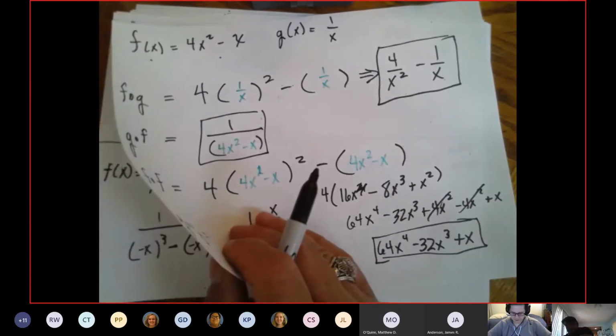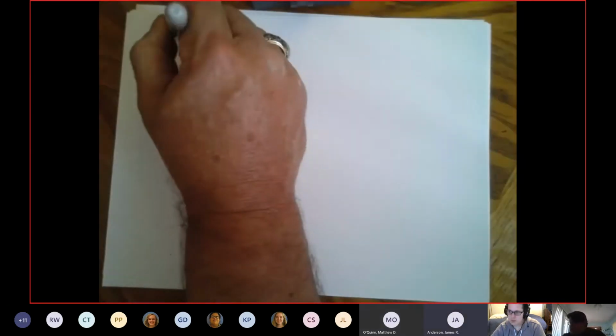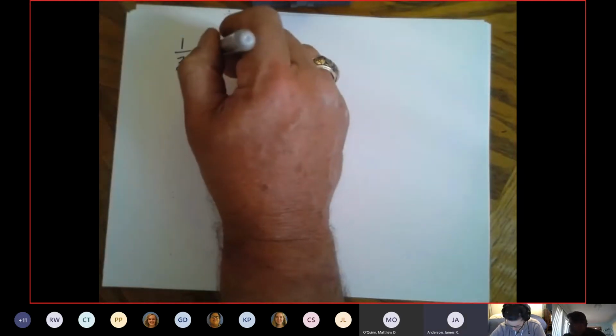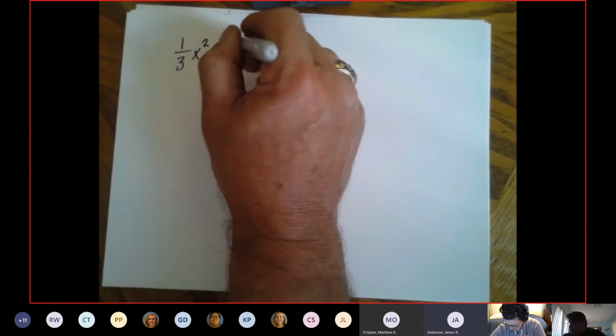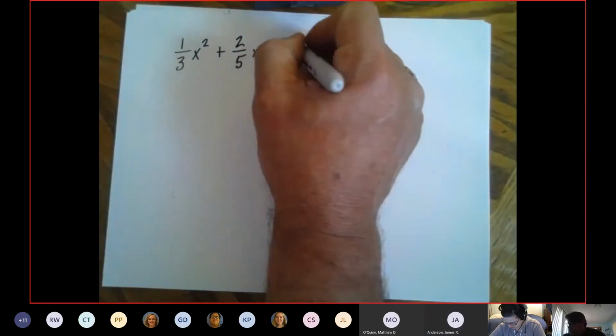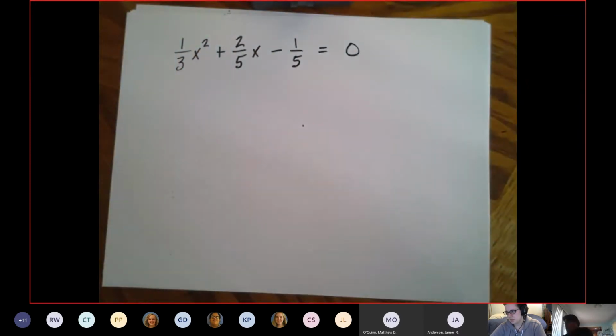Well, we're just going to waste our time doing a level 1, so let's at least do a level 7 or 8 or 9. Make y'all cry a little bit. 1/3 x squared plus 2/5 x minus 1/5 is equal to 0.